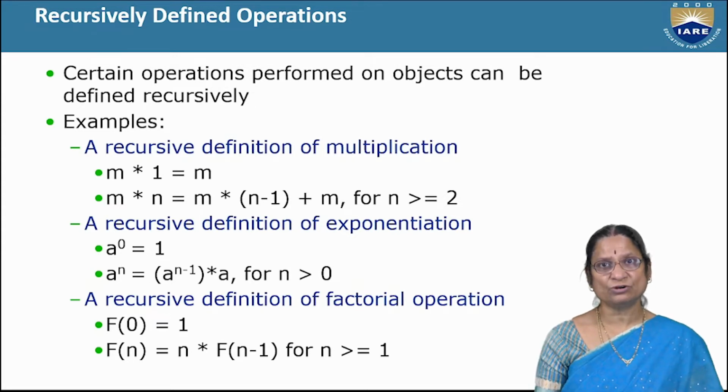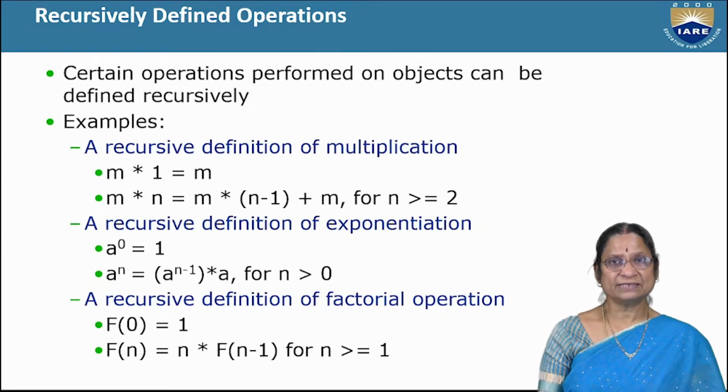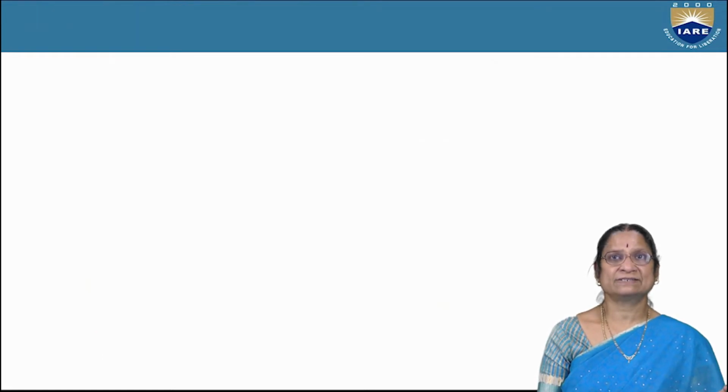F of 0 is equal to 1, but f of n is equal to n star factorial of n minus 1 for n greater than or equal to 1. That means all these operations, factorial, multiplication, exponentiation, can be defined by using some recursive expression or recursive equation. Then we call them recursive operations.